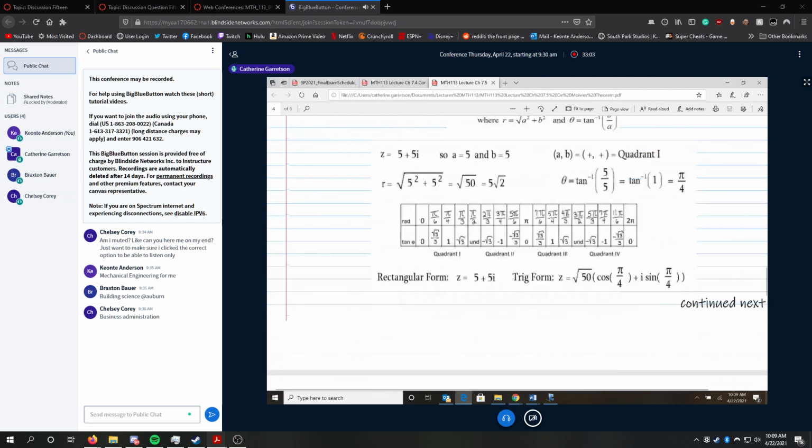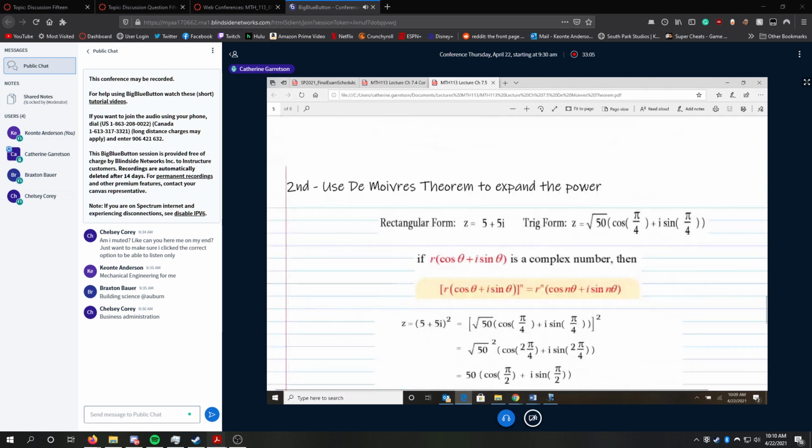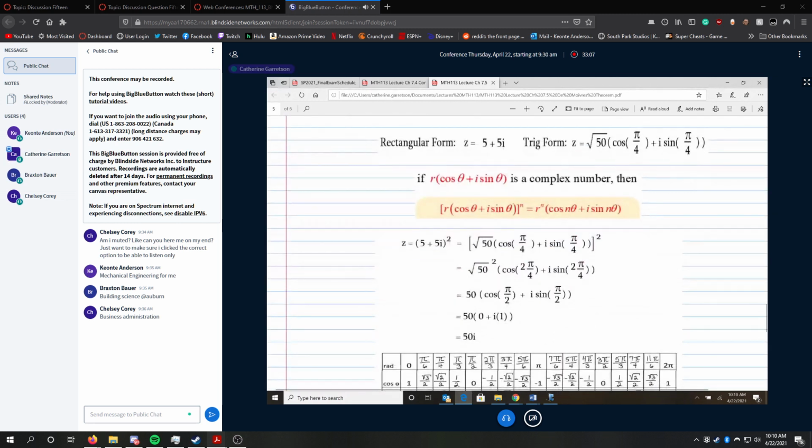Now we're going to use DeMoivre's to raise it to the 2nd power. Our power is 2, so n is 2. So we're going to raise this r to the 2nd power, but I'm going to multiply the angle of the cosine and sine by 2. And I get pi over 2, because 2 pi divided by 4 is pi over 2.